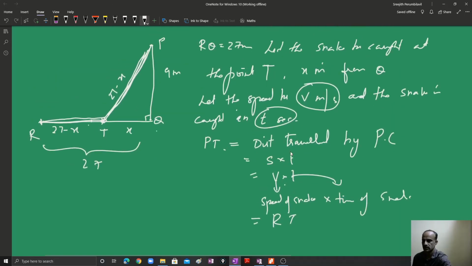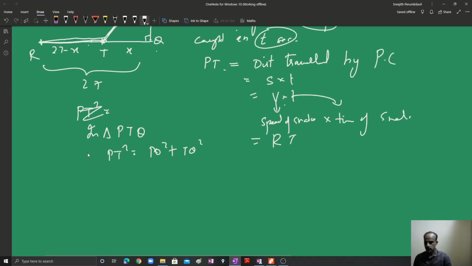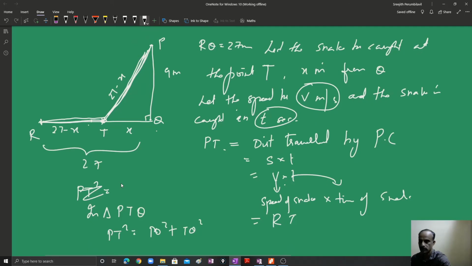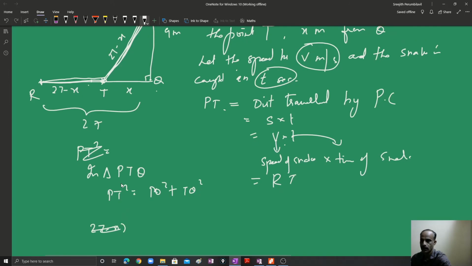So when you look at this right angle triangle, in triangle PTQ, PT square is equal to PQ square plus TQ square, or simply (27 minus x) whole square is equal to x square plus 9 square.